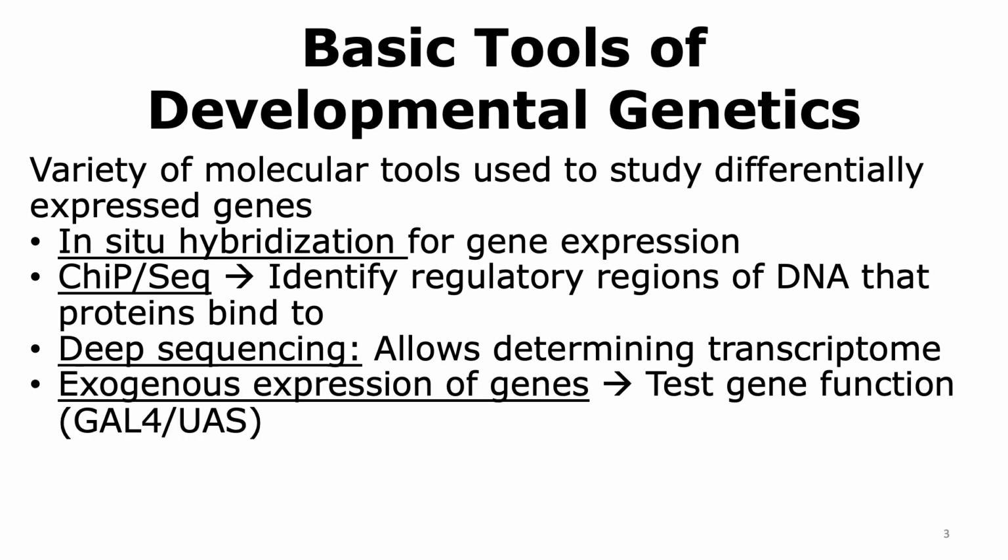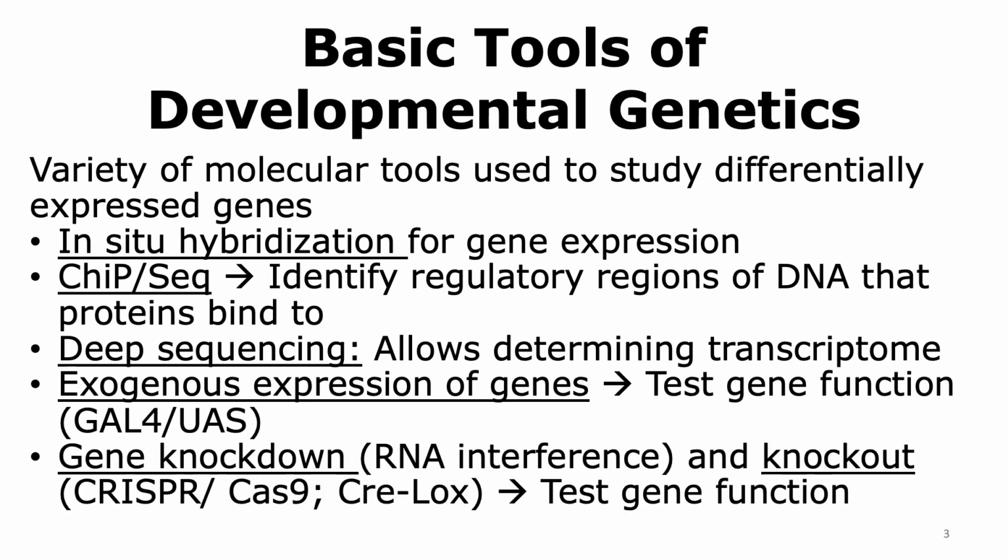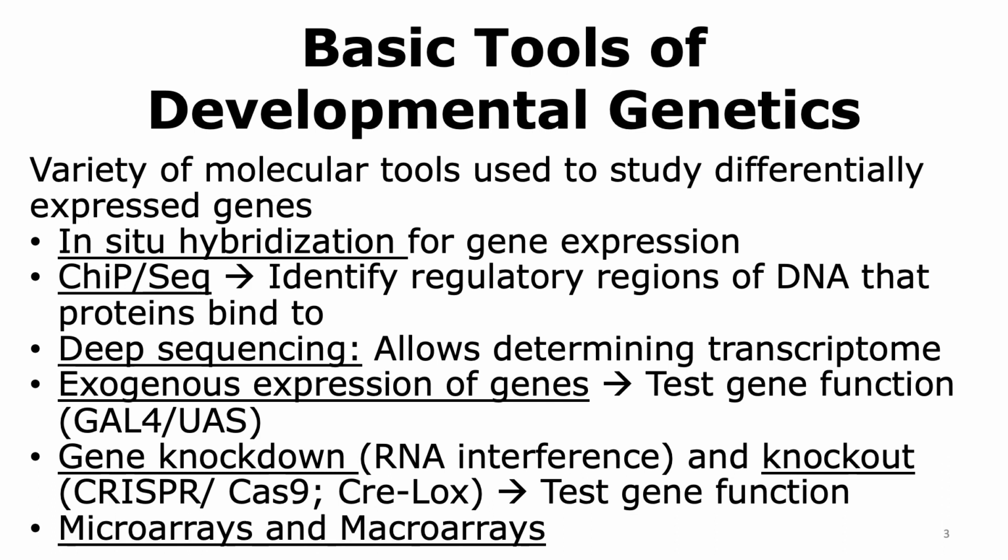Additionally, we can look at gene function by performing the ectopic expression of genes using techniques like the GAL4-UAS system. We can also learn about gene function by performing gene knockdown or knockout techniques. There are also microarrays and macroarray techniques that enable us to understand differentially expressed genes during developmental processes.